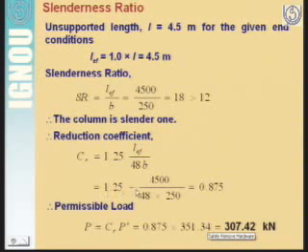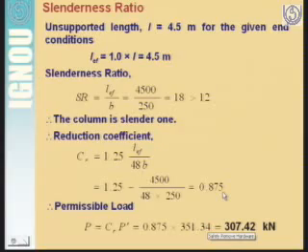So 1.25 minus L effective, 4.5 meter, which in mm becomes 4500, divided by 48 into B. B is the least lateral dimension, which is 250 mm. From here we get this reduction coefficient as 0.875. We apply this 0.875 reduction coefficient on the permissible load that we calculated for the short column. Multiplying it by the earlier value, we get 307.42.